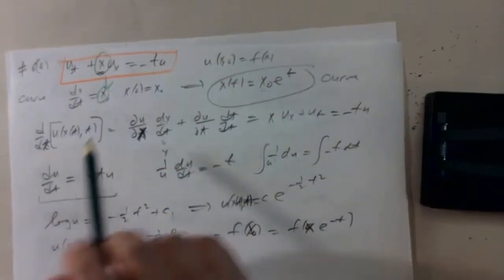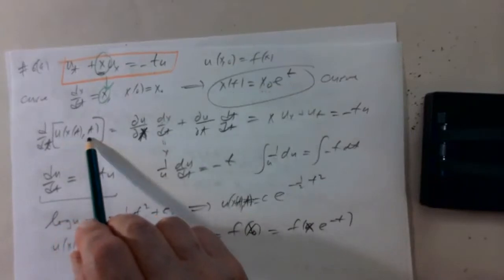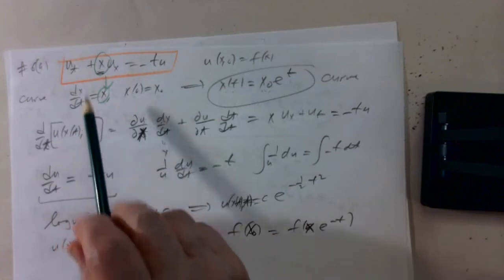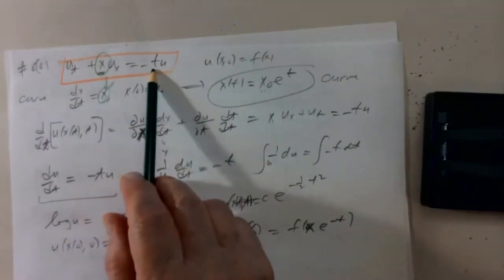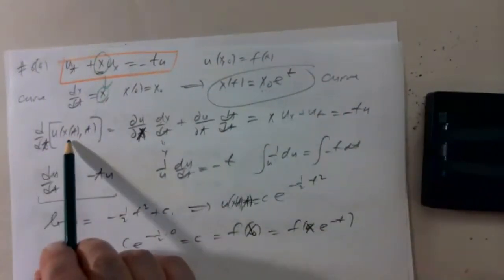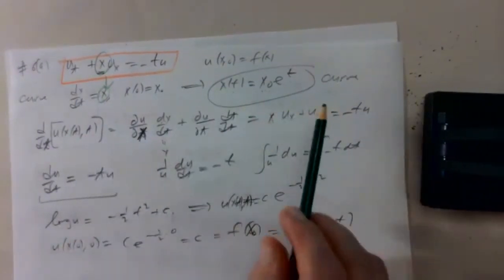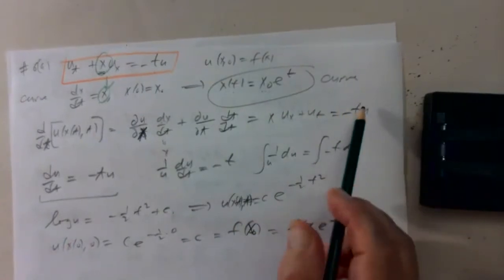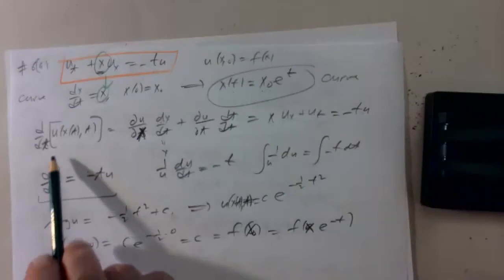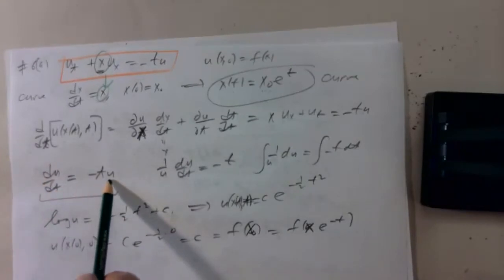If I look at u evaluated along this curve, x of t comma t, and differentiate that with respect to t, I get minus t times u. So du/dt is minus t u.